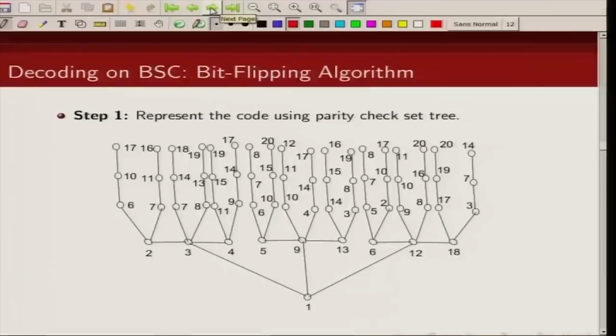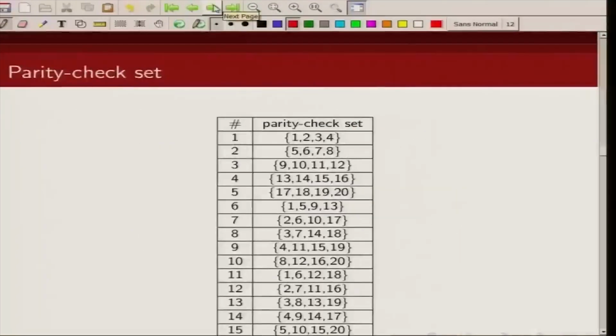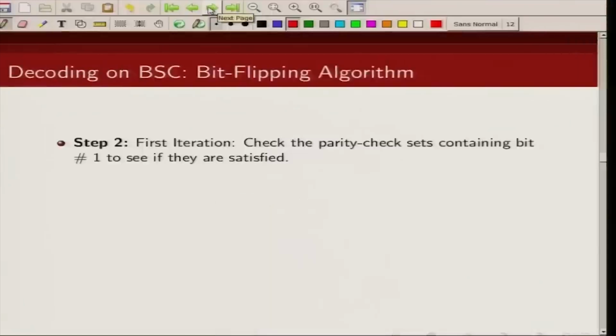The first step is we represent the code using the parity check set tree, and we have explained in the previous slide how this tree is constructed. This is the parity check set tree for bit number 1.